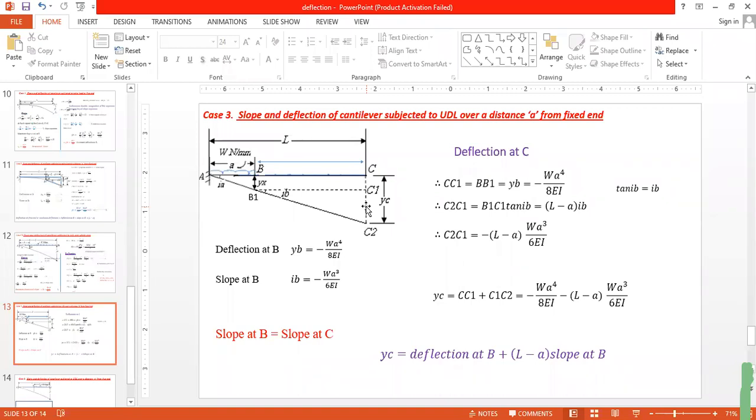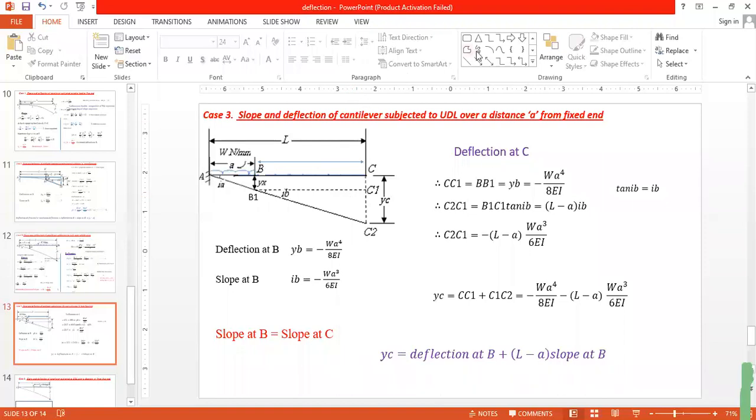Therefore your deflection is in fractions of a millimeter. It is very small in actual components. In numericals we may get a larger value, but in actual components this deflection is very small. That means this C2 point is very close to C1.